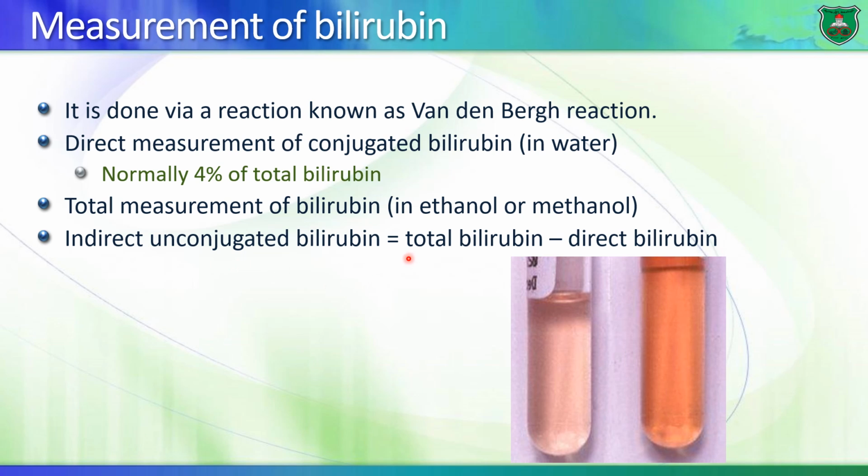Simply, you follow this formula right here: total bilirubin measured from the organic solvents minus direct bilirubin, which is measured from the water-based reaction.